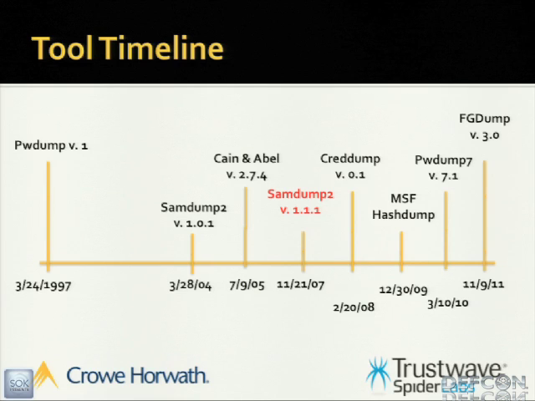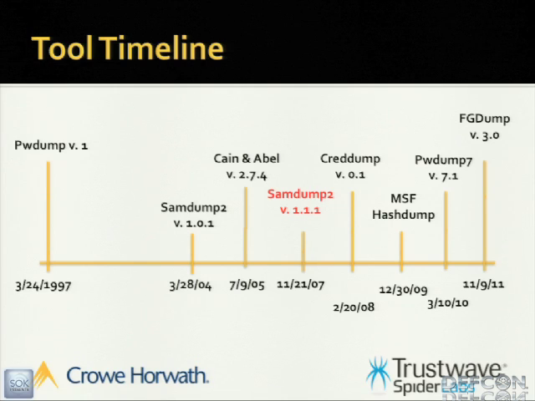Because this tool was so accessible, in a scripting language that a lot of people could understand, it was used as a source for other tool writers to write their tools. So we see an explosion of tools after that, Metasploit being one, PWDump 7, and even tools currently in development now that are implementing this code that skipped a couple generations.